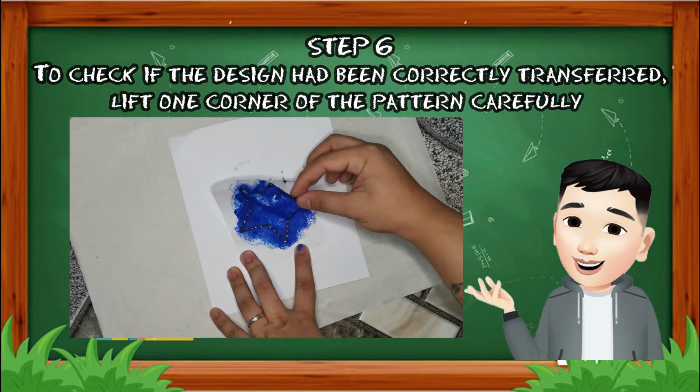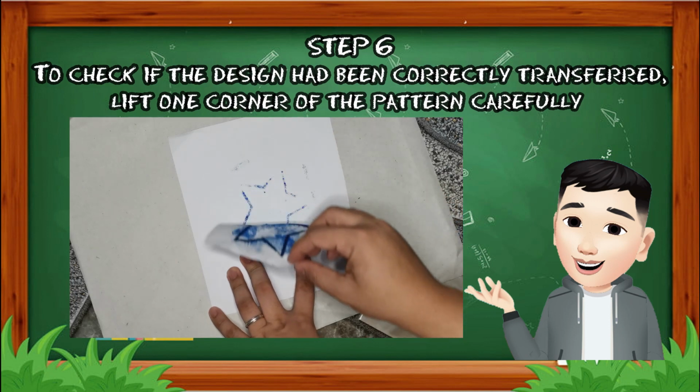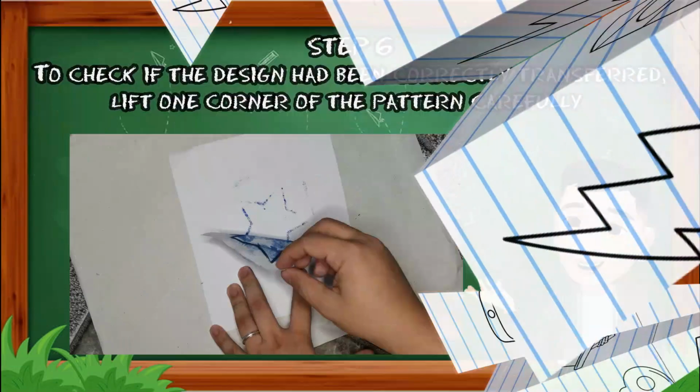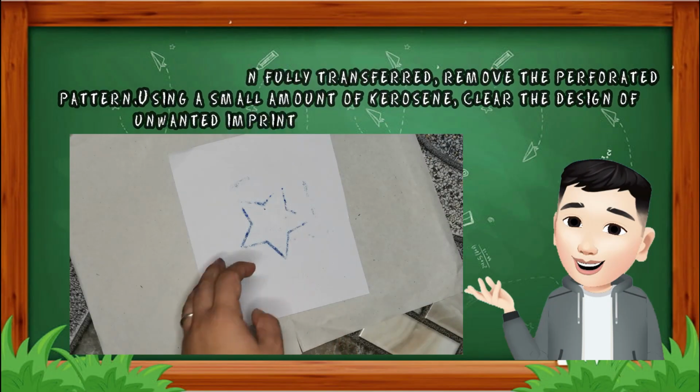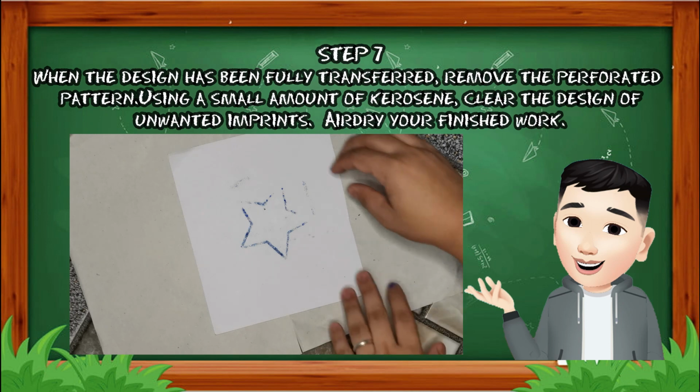To check if the design has been correctly transferred, lift one corner of the pattern carefully. And then the last step, when the design has been fully transferred, remove the perforated pattern. Using a small amount of kerosene, clear the design of unwanted imprints and then air dry your finished work.